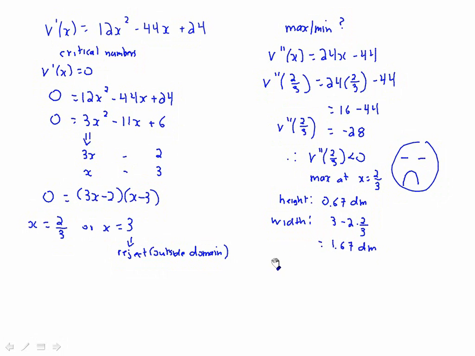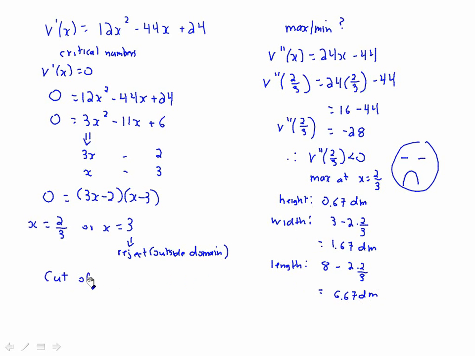And then the length is going to be 8 minus 2 times 2/3. It's kind of the same thing. 8 minus 4/3 as a decimal is equal to 6.67 decimeters. And actually, if I'd read the question, those are the dimensions, but we don't really even need that.